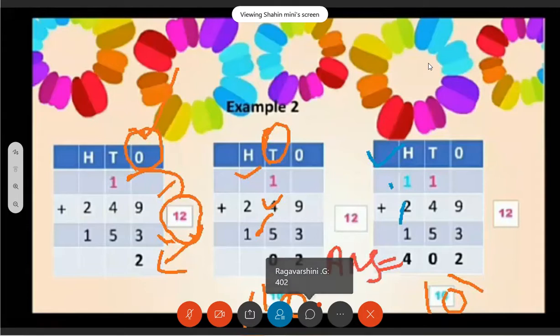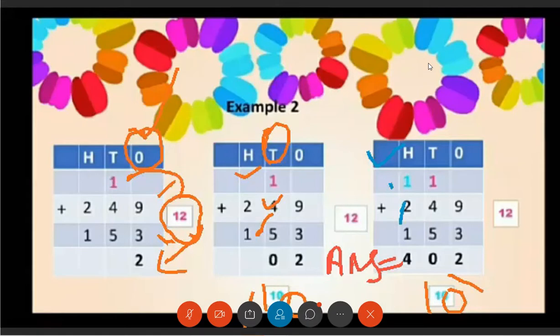So 249 plus 153 is equal to 402. I hope you will do it correctly, carrying over in the tens place also and the hundreds place also.